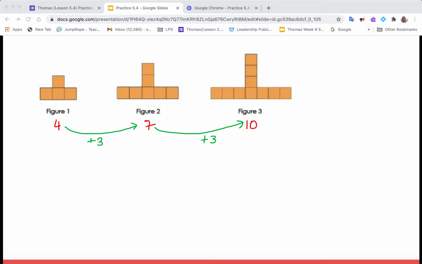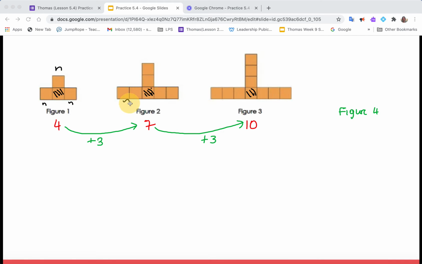So if I were to go ahead and draw figure 4, what I'm noticing for each figure is, how is it changing? What's staying the same and what's changing? Well, there is a middle square that's in each, and I have n, n, and n.